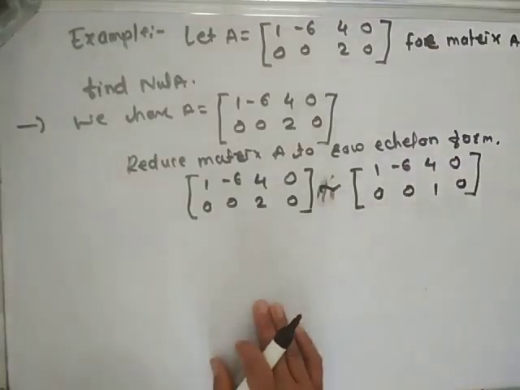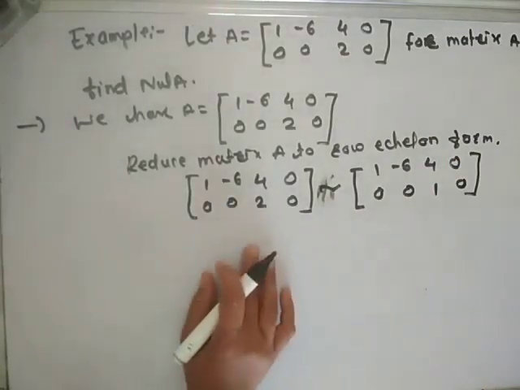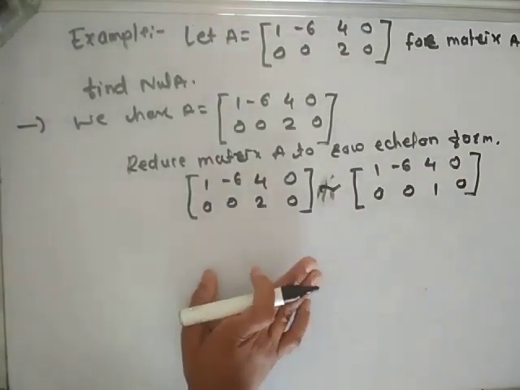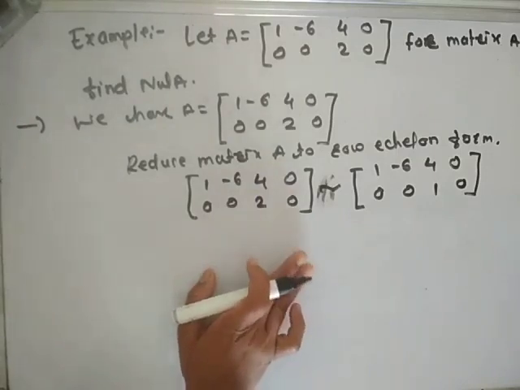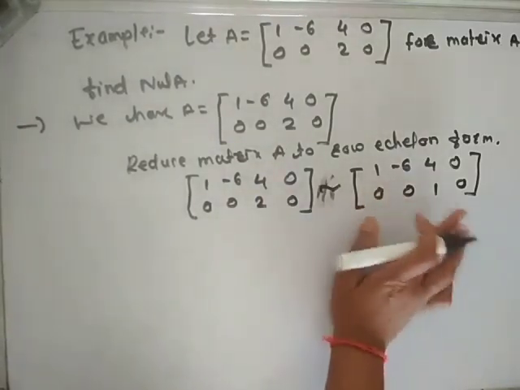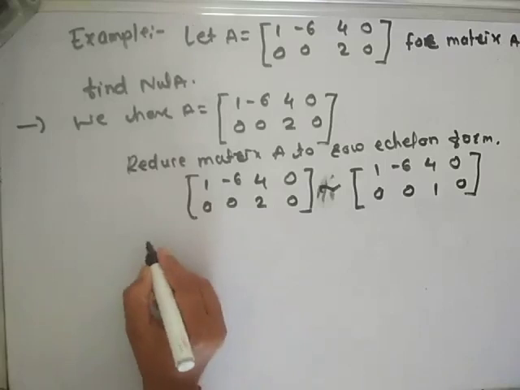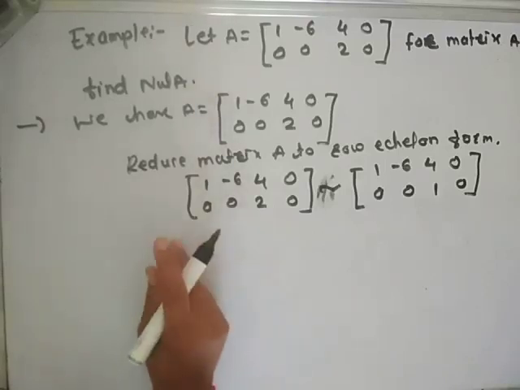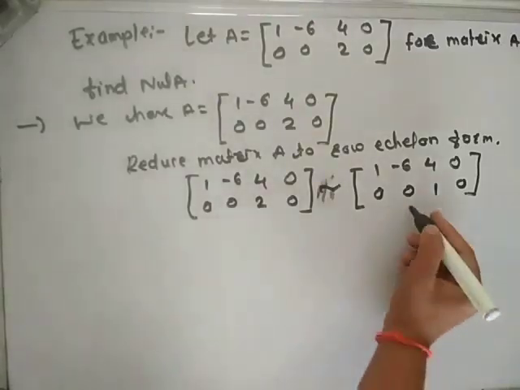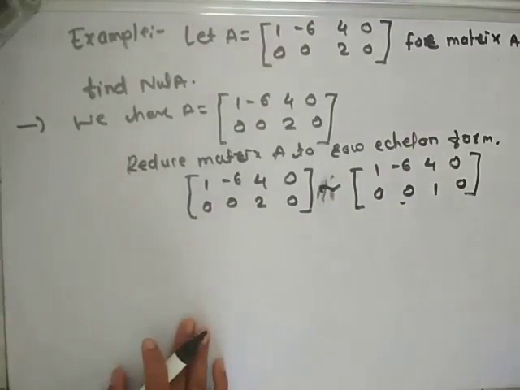Okay. Now the given matrix A is in row echelon form with two leading elements x and z, and y is a free variable.